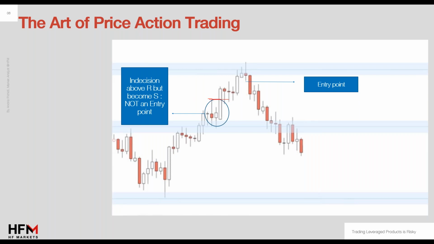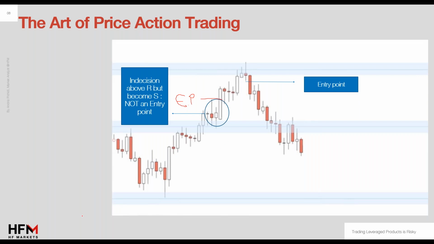So this could be an entry point, or sorry, that's supposed to be EP, entry point. Let me just try again. So difficult.